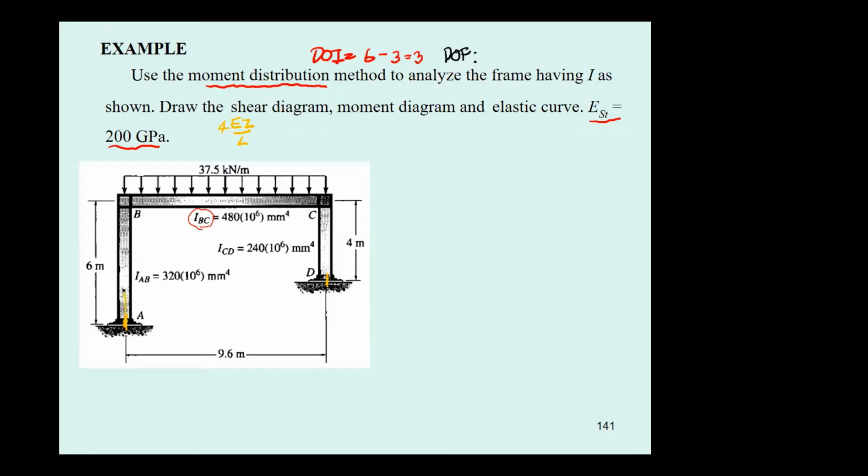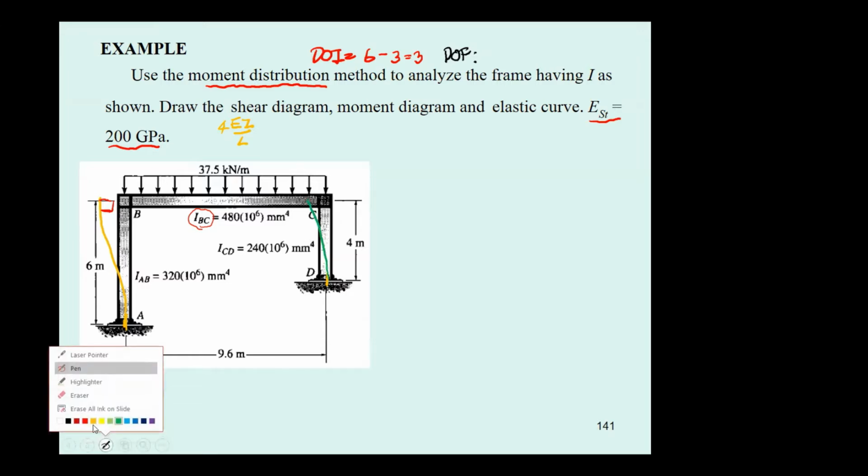So I believe the frame will have sidesway like this. Based on the rigid joint, this one must keep itself at the normal angle. And if you consider the shorter column, I believe it deforms something like this.